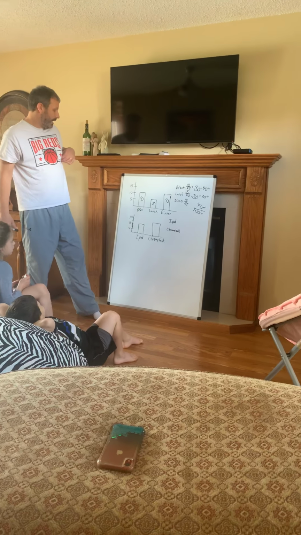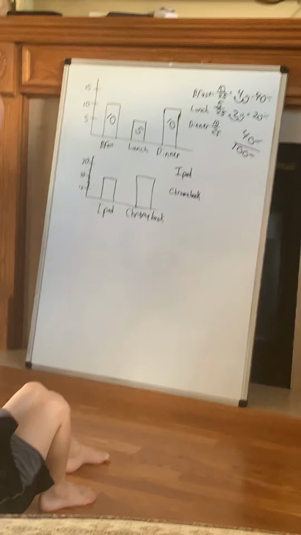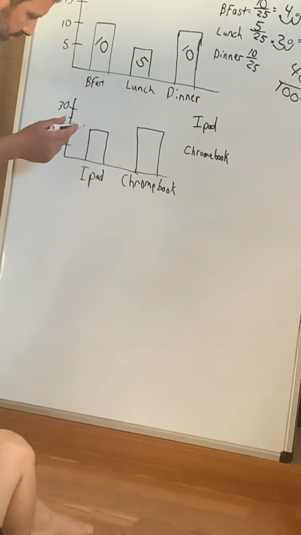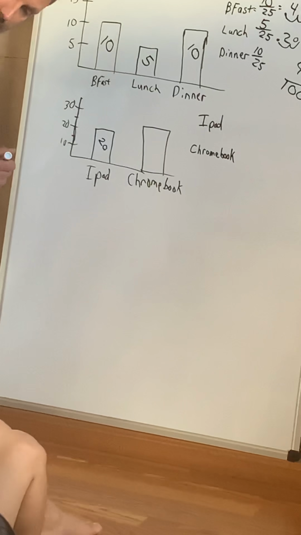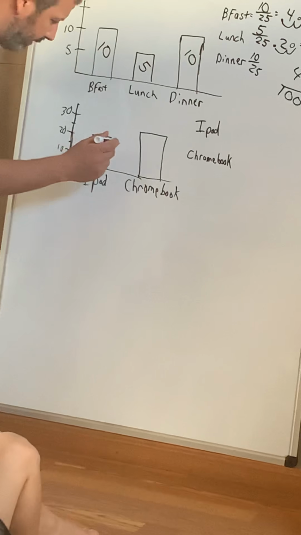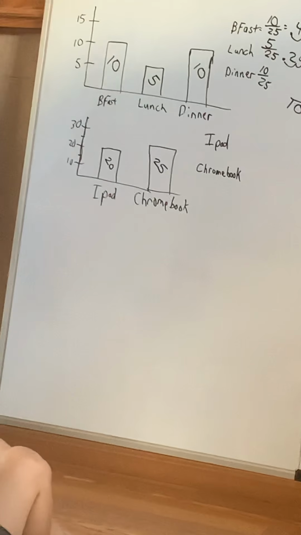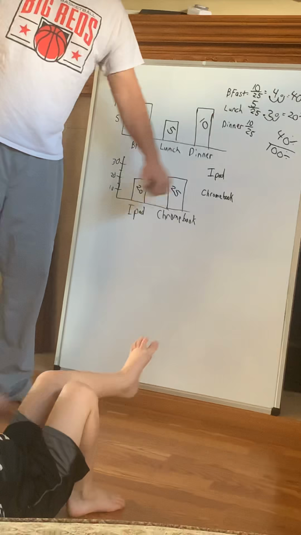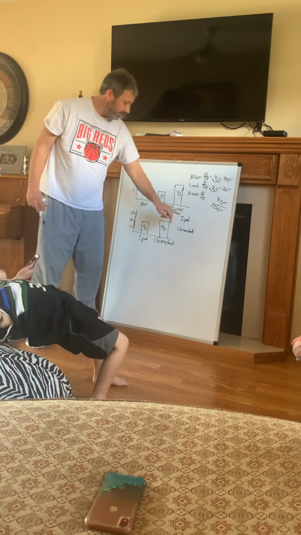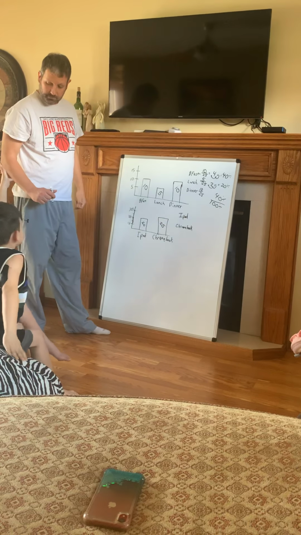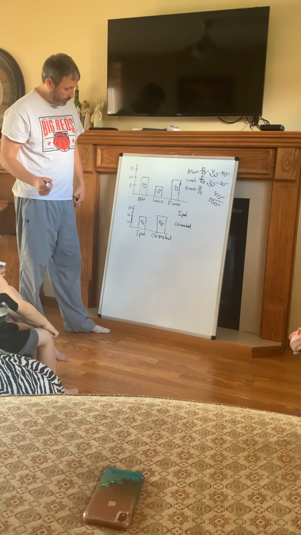Now we're going to do the iPad and the Chromebook. How many picked the iPad? 20. How many picked the Chromebook? 25, I think. It's hard to tell, but we're going with 25. We set the fraction for the iPad: iPad over total.